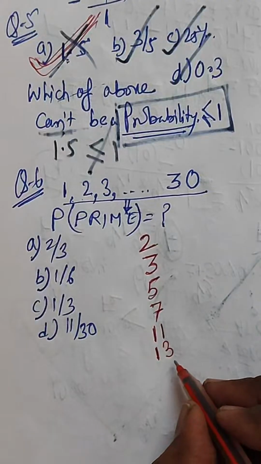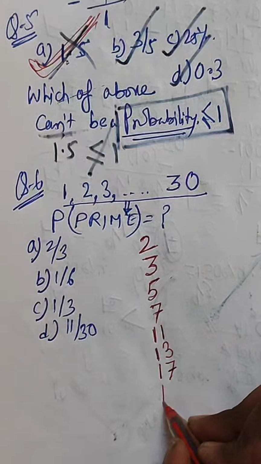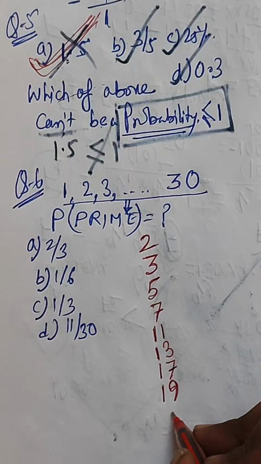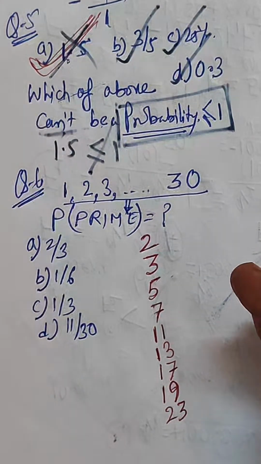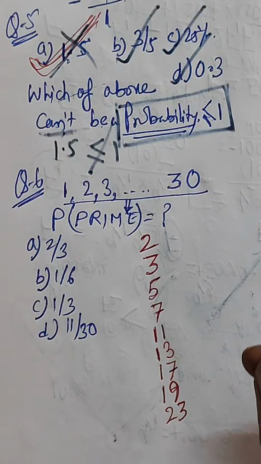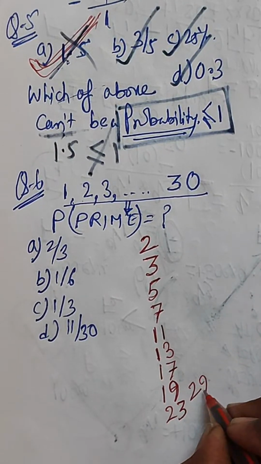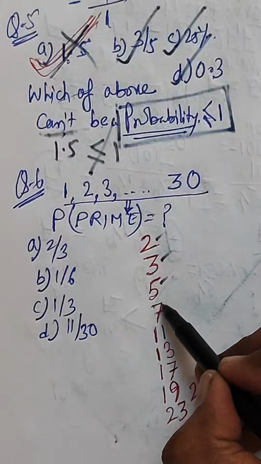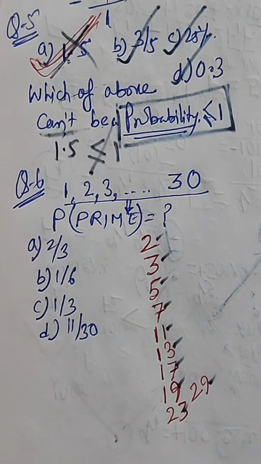Then 14 not, 15 not, 16 not, then 17, 18 not, then 19, 20 not, 21 no, 22 no, 23, 24 not, 25 not, 26 not, 27 not, 28 not, 29. So you can count the numbers: 1, 2, 3, 4, 5, 6, 7, 8, 9, 10. Are you missing something? Let us see.